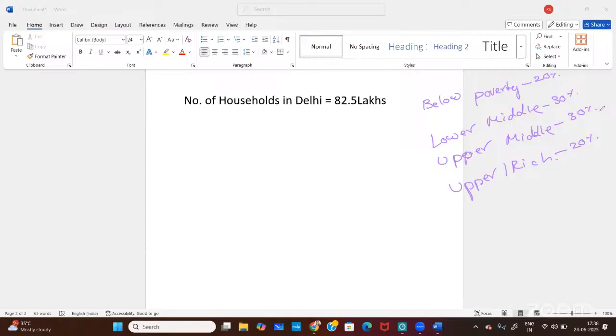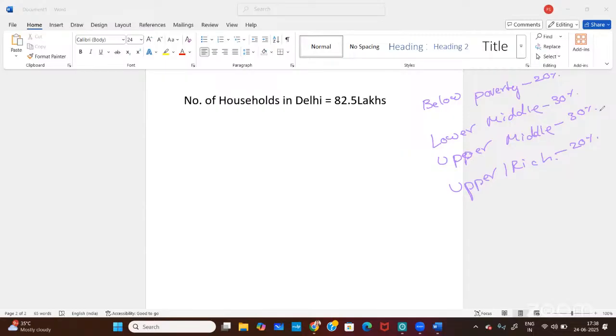So out of 3.3 crores, 20% of the population would be below poverty, and most of the population is in the middle, so lower middle would be 30% and upper middle would be 30% of the population.